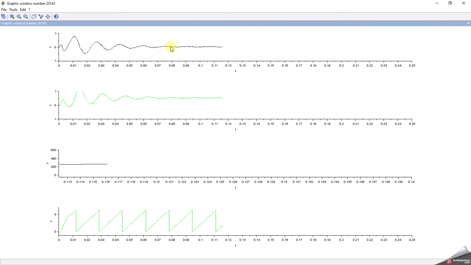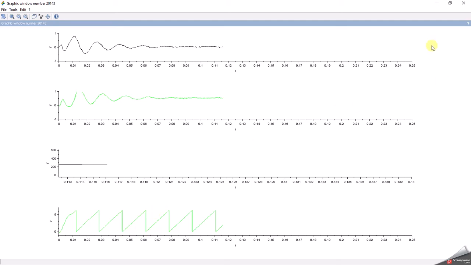So this is tending towards 0, and this is tending towards whatever, basically. That looks okay, and this is radians per second, so you could calculate the frequency of rotation from that.